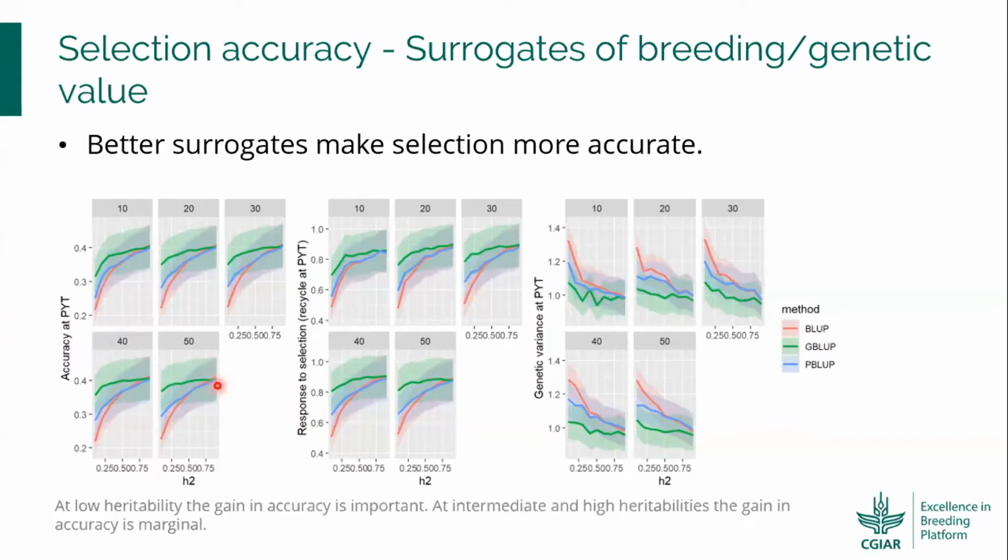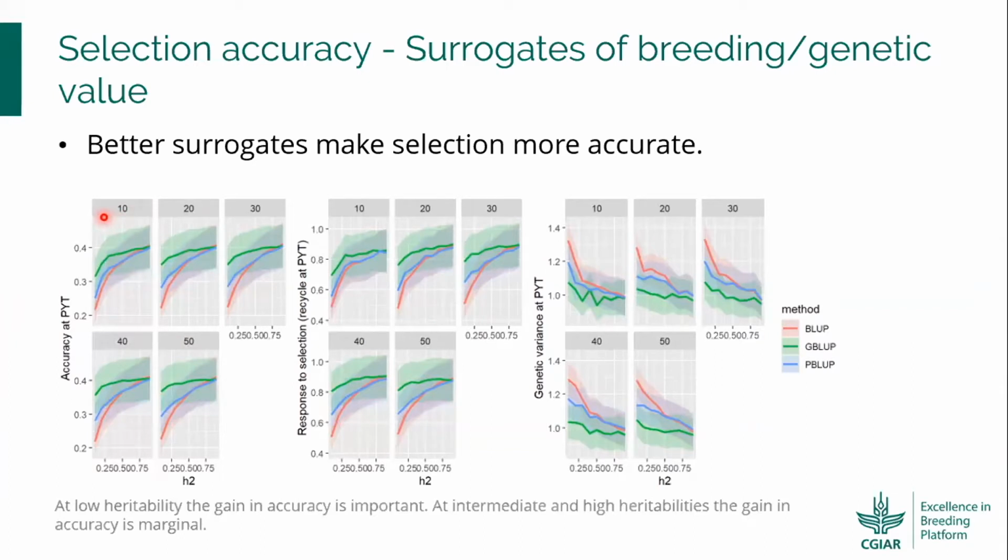Within each of these plots, you're gonna see other boxes. In each of the boxes, you can see headers like 10, 20, 30, 40, or 50. What these numbers represent is the number of progeny per family that you arrive at the first stage of yield testing. Let me give you an example. I said we have 1,000 individuals growing in the yield testing.